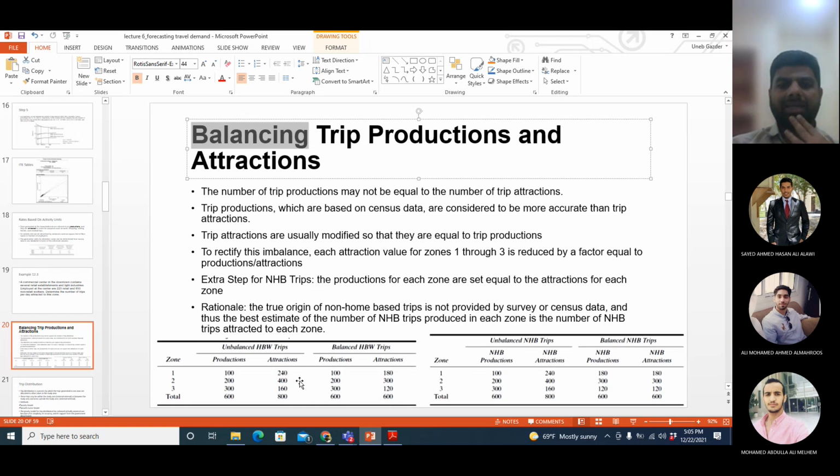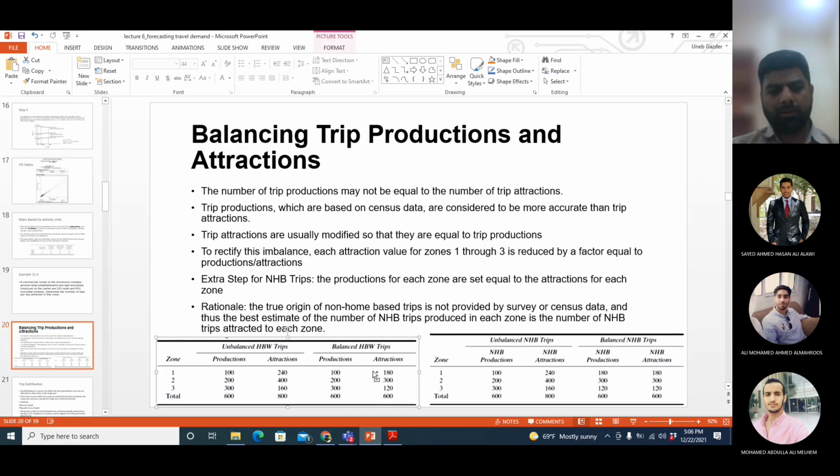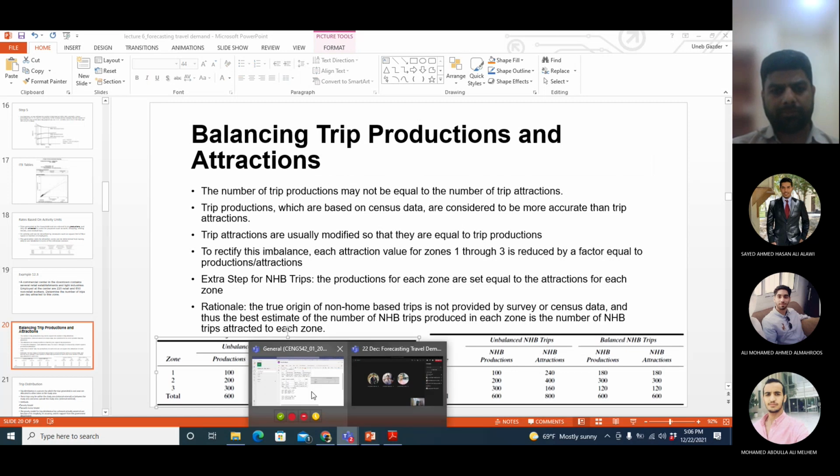How to do that? We will take the ratio of trips produced upon trips attracted, and then multiply that factor with the number of trips attracted. For example, if I take this one, let me take it here.